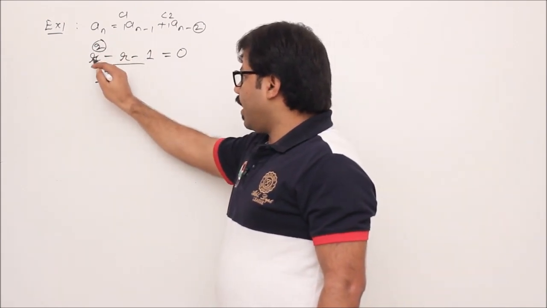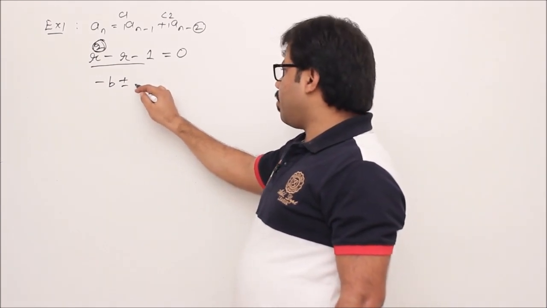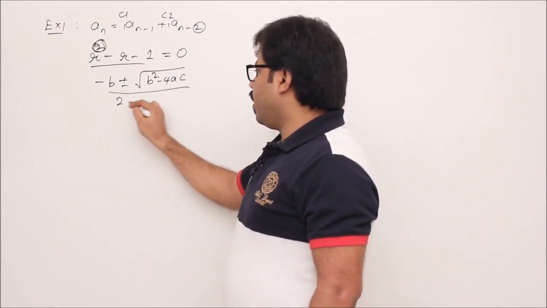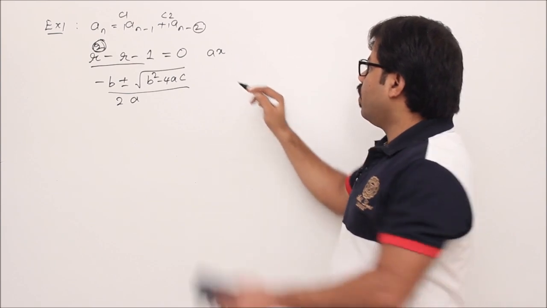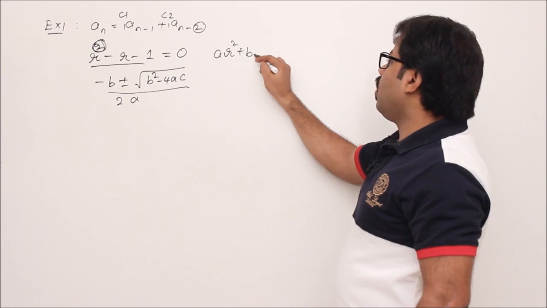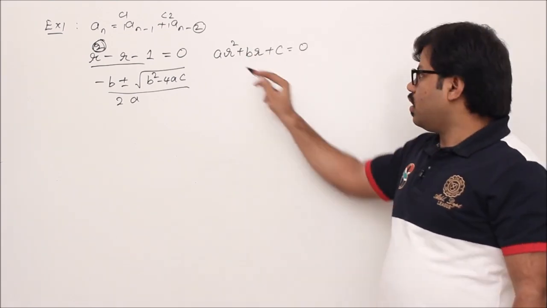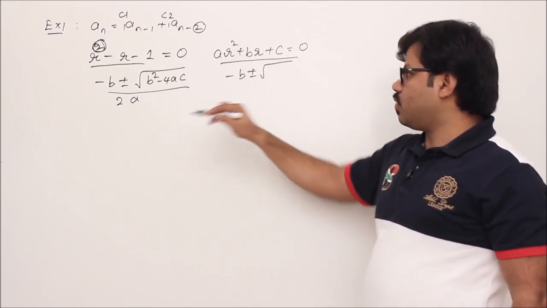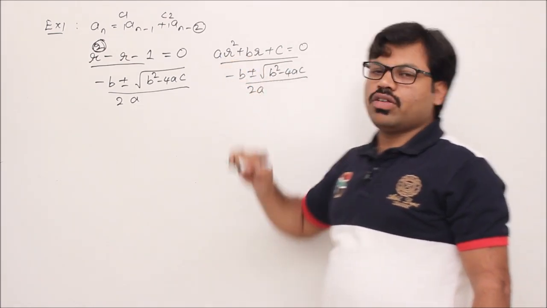Whenever any expression has degree 2, like a r square plus b into r plus c, the roots are minus b plus or minus root under b square minus 4ac, by 2a. If you don't know this one, then easily we can find out the roots for it.